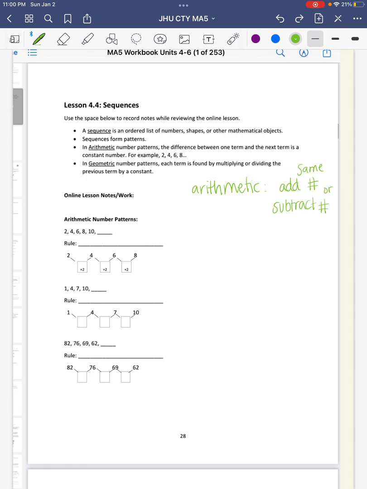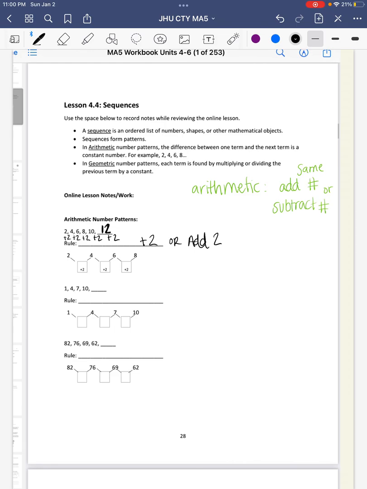Each time we are adding 2, because the difference between 2 and 4 is 2, 4 and 6 is 2, 6 and 8 is 2, 8 and 10 is 2, 10 and 12 is 2. So our rule is to add 2 every time. And what I want you to do is fill out the next value and write the rule: plus 2 or add 2.